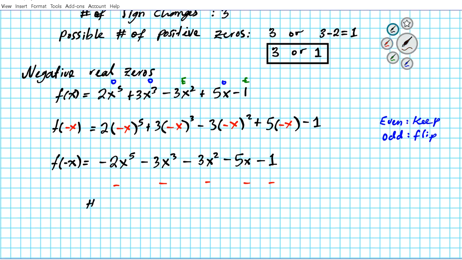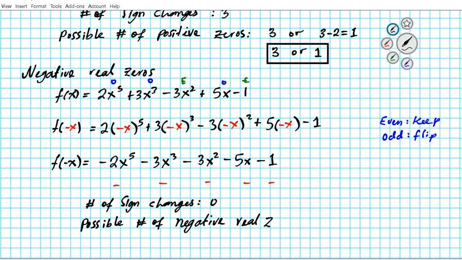So the number of sign changes or variations is 0. So the possible number of negative real zeros for this case is 0. Okay, so there goes the answer.